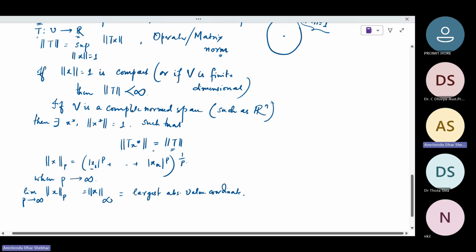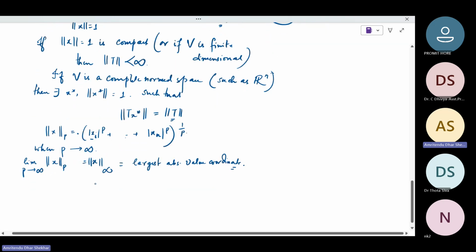This is just very simple. Whatever the largest absolute value is, you just pop it out over here. And so each of the terms would get divided by that quantity, and the rest of the terms are just equal to 1. They will all vanish to 0 because p is large, going to infinity. So only the largest absolute value coordinate will exist.